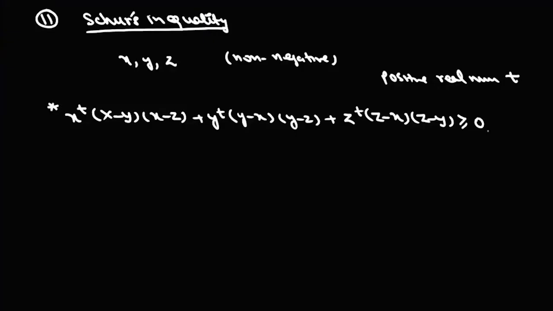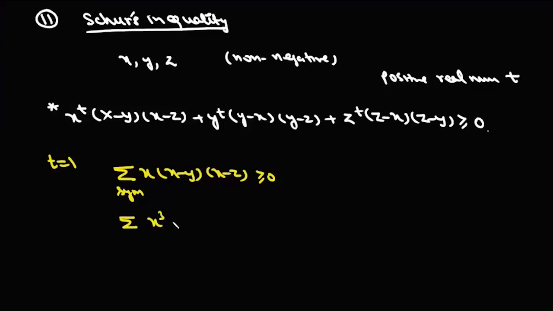Now for this inequality, if we take t as 1, then we can write this summation x (x − y)(x − z), and this is a symmetric sum. It is greater than or equal to 0, or we can write this as x cube minus x square y plus x square z plus xyz greater than or equal to 0.